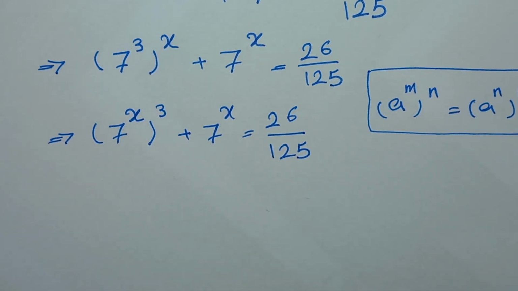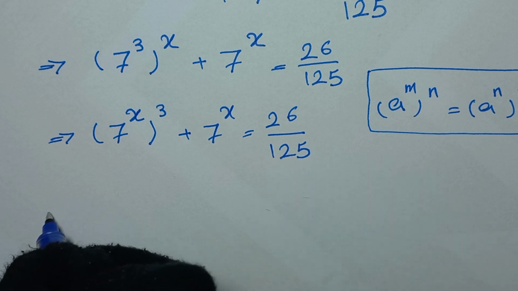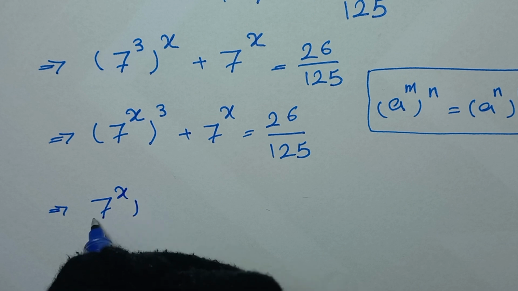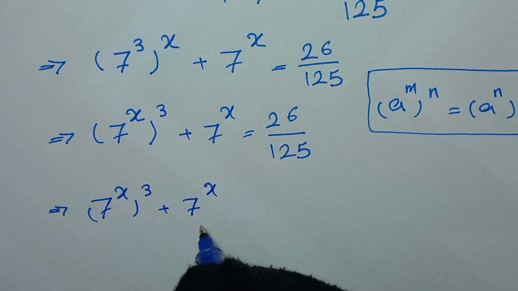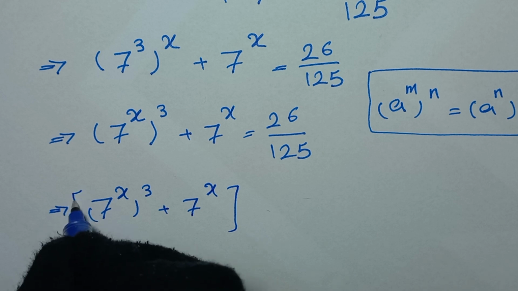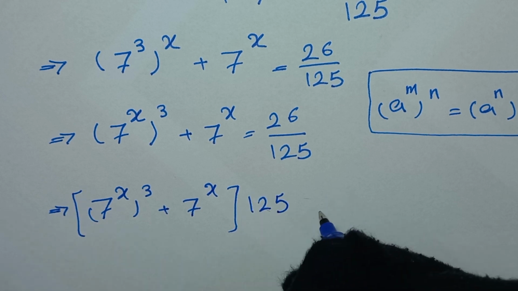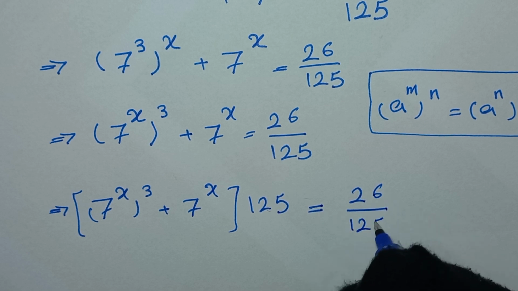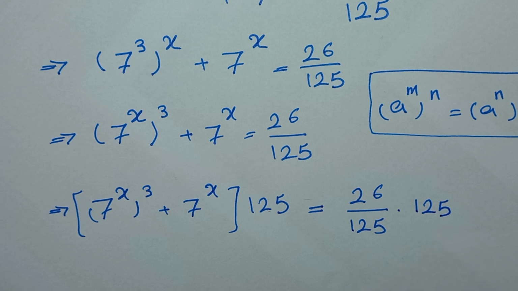And in the next step, we multiply both sides of this equation by 125. So we write 7 to the power of x to the power of 3 plus 7 to the power of x, and we multiply this by 125, is equal to 26 over 125 times 125.